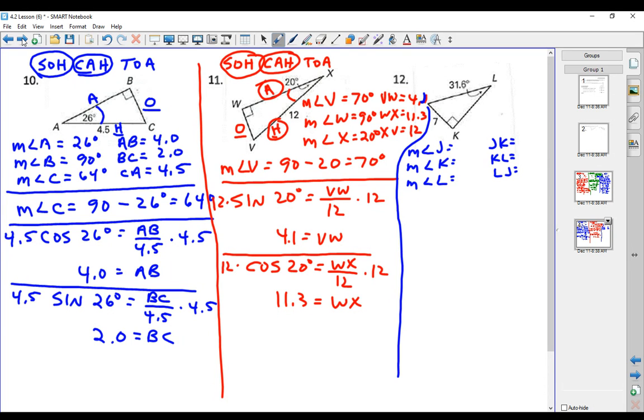As far as what I know, angle K is a 90-degree angle. I know the angle L is 31.6 degrees. And I know that side JK is 7. I know one of the two acute angles, so what I can do is just subtract to find the measure of angle J. That's 90 minus 31.6, which is equal to 58.4.